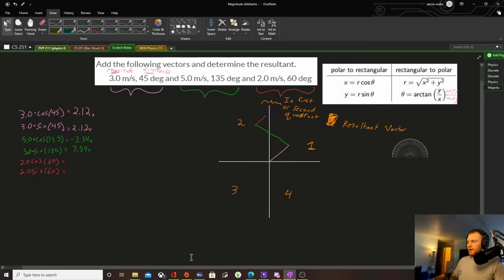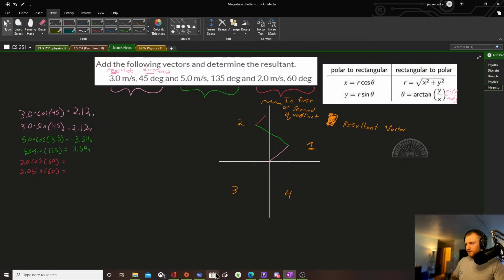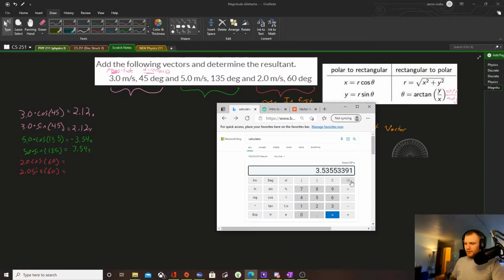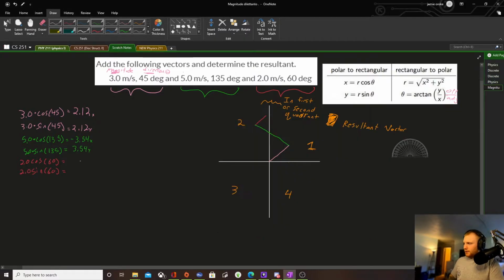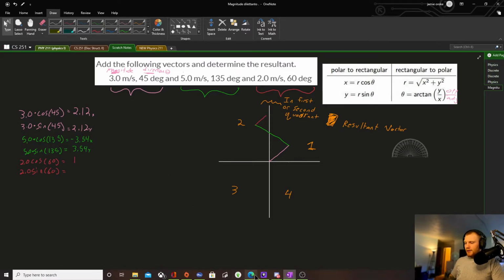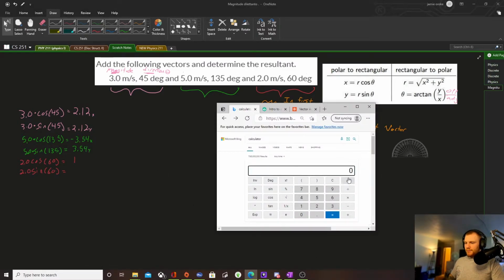Okay, now we're going to do that same thing for the third vector. 2 times cosine of 60 degrees equals 1. And 2 times sine of 60 degrees is 1.73.